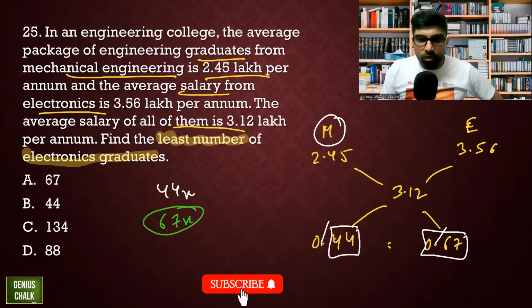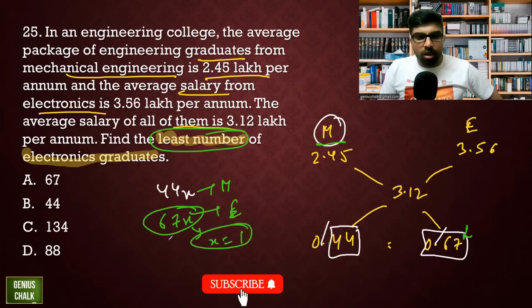Now what is the meaning? If there are 44x mechanical engineers, then there are 67x electronics engineers. Right? Now what is the minimum value? It's saying the least number. Least number means minimum value. If I put x as 1, I will get the least number. So that is 67 only.